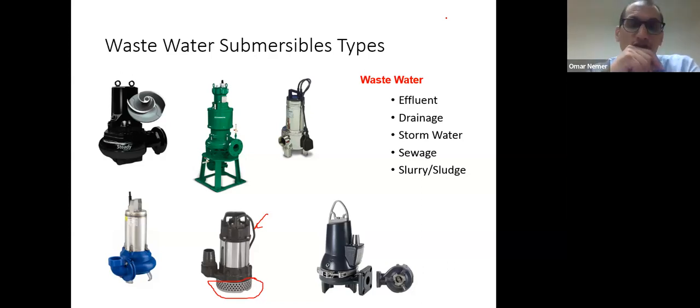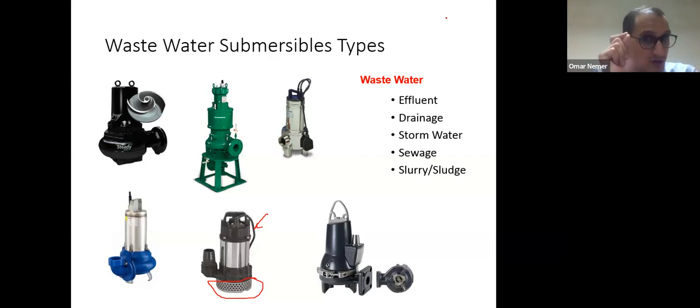So the pump which is designed for drainage, we can use it with these kinds of waters, or for the rainwater which is gathered in some buildings, for such kinds of applications.